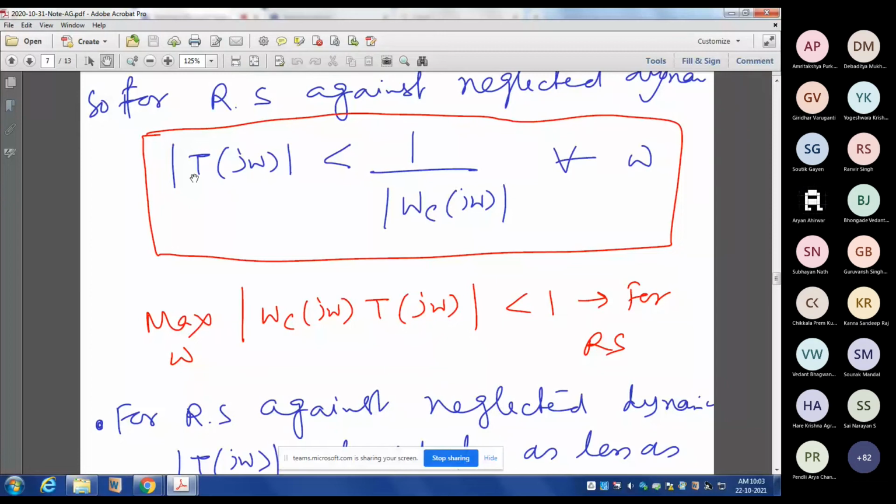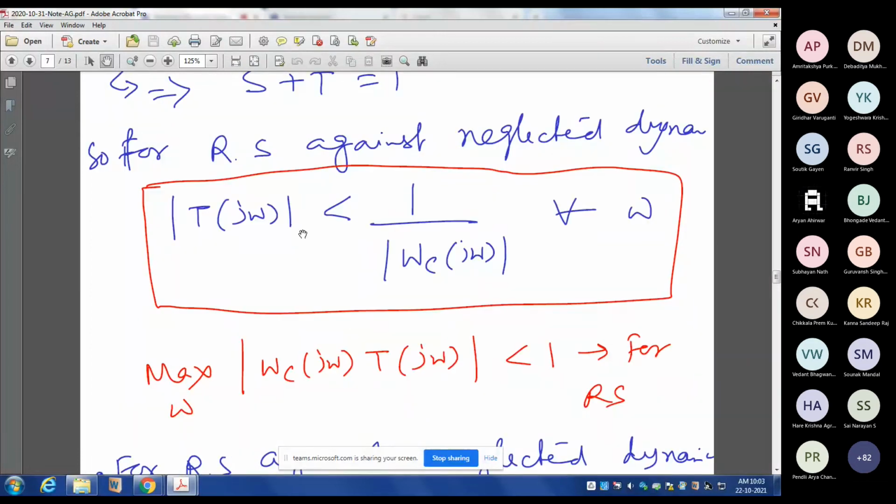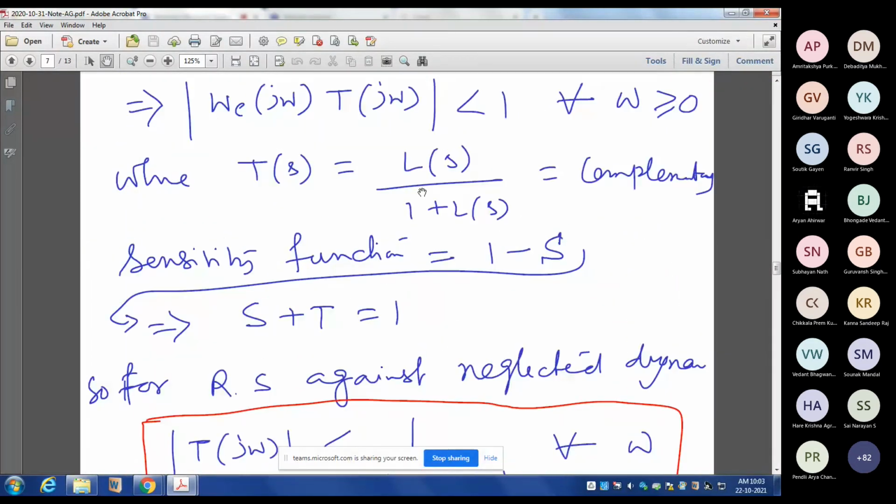So to ensure robustness against neglected dynamics, your T(jω) should be as small as possible. But you cannot make T(jω) small at all frequencies, because T(jω) is L by 1 plus L, and L(s) is of low pass behavior.